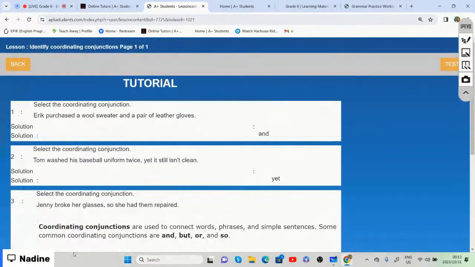All right, if we look at our activities now, it says select the coordinating conjunction within the sentence. Eric purchased a wool sweater and a pair of leather gloves.